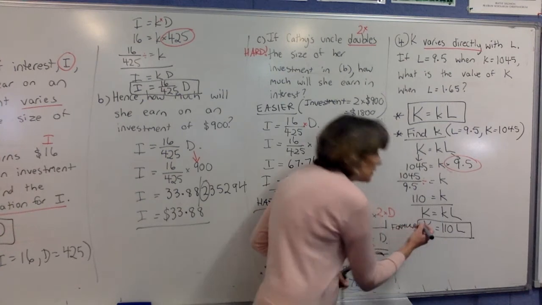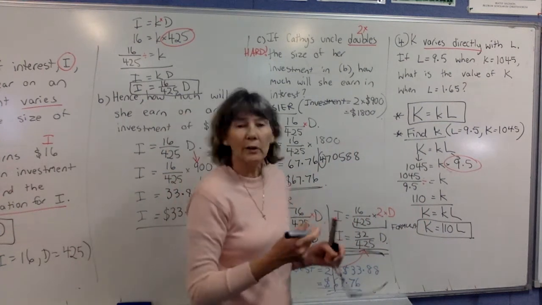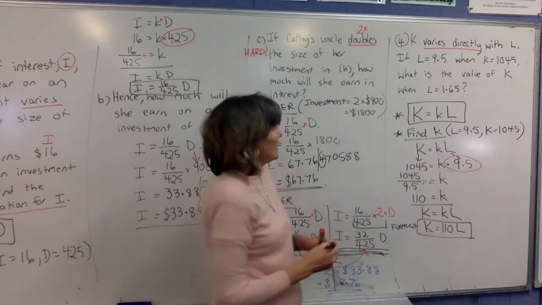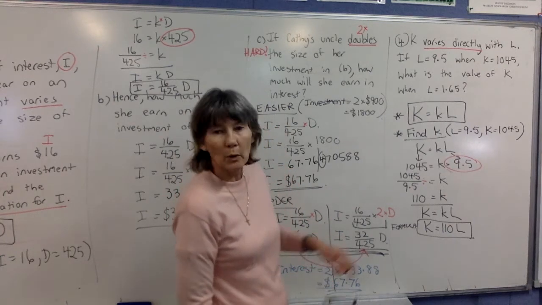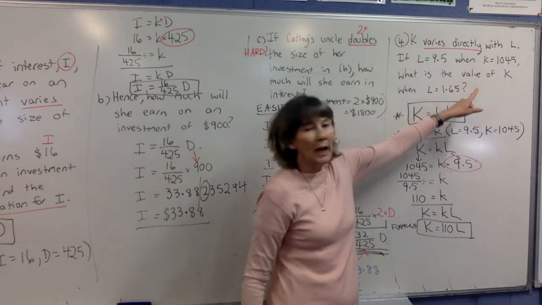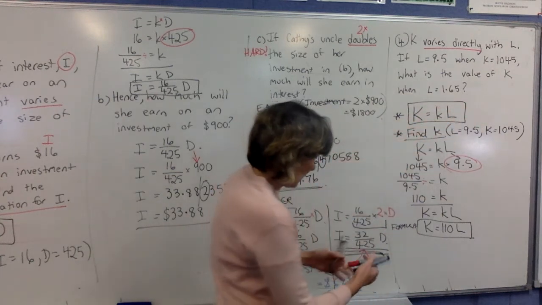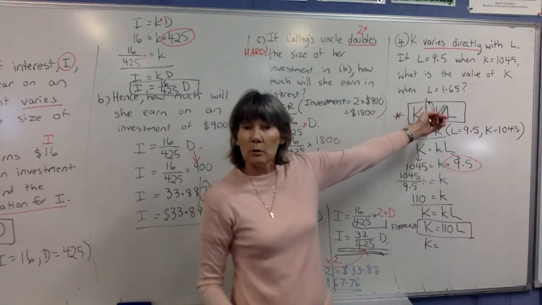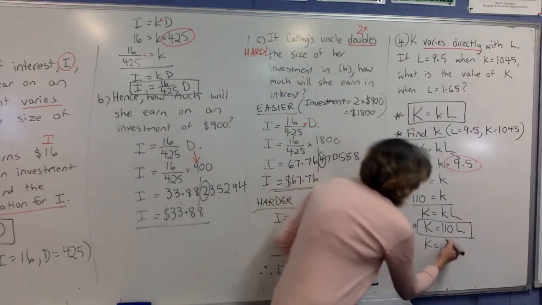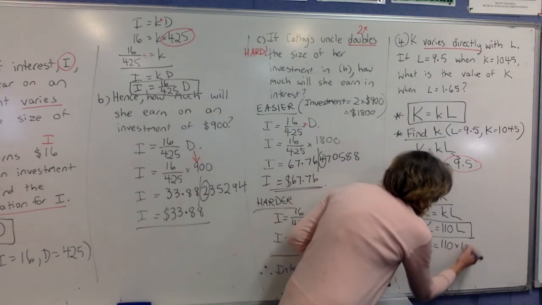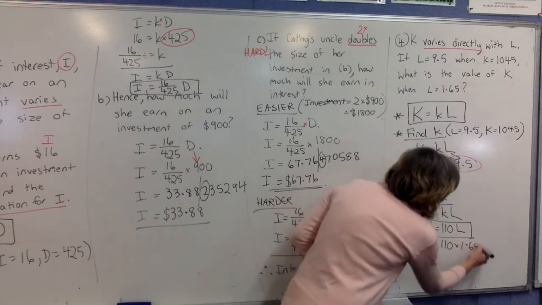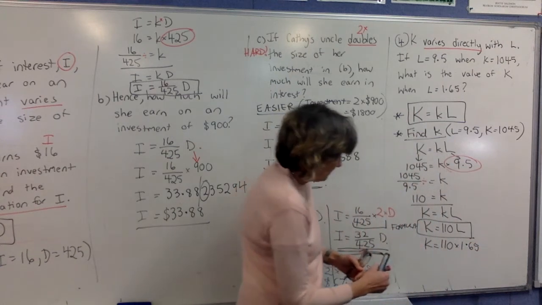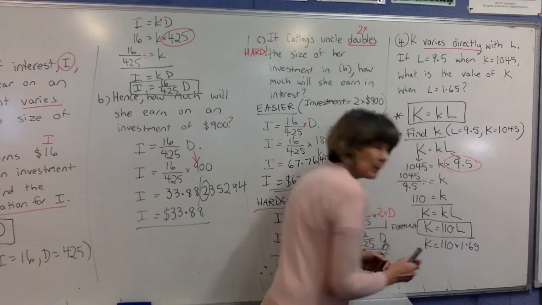So now we're going to use our formula. Remember, once you get the formula, you use it. So that's when you read the rest of the question. What is the value of K? So we don't know this K. When L equals 1.65, so we're going to put 1.65 in for L. This one works out pretty easy in the end.